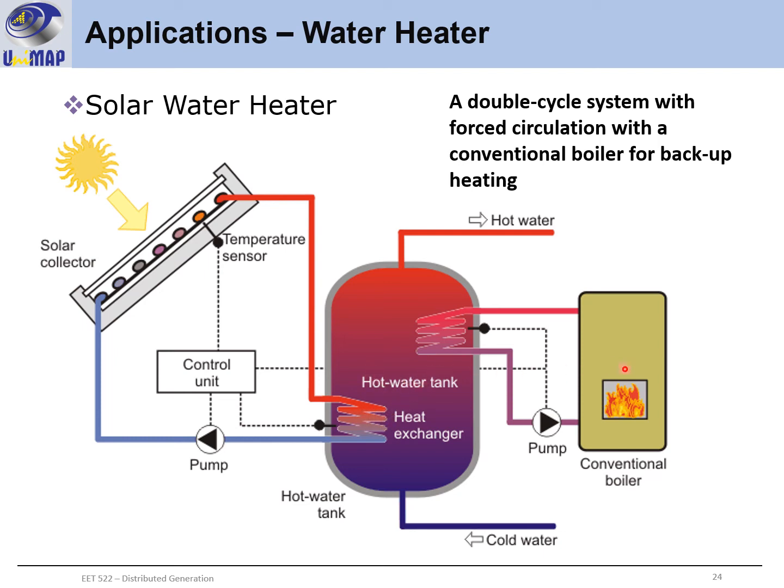But in this system, it has another backup boiler, the conventional boiler, to heat up the water in the hot tank in case of, let's say, the raining season, and the solar irradiance is not available, so it can be heated up by the conventional boiler.